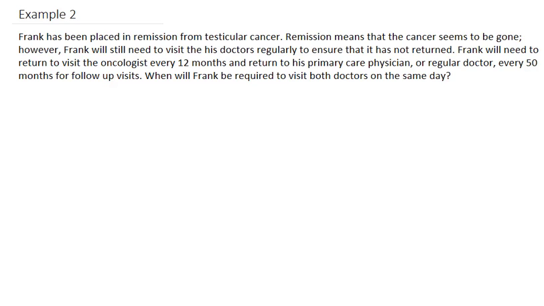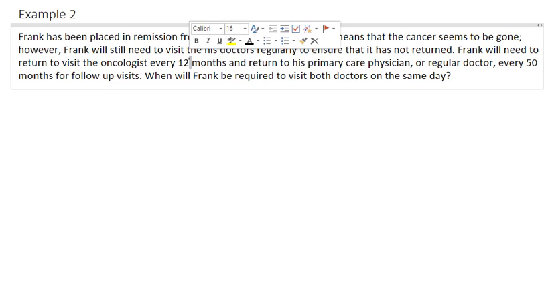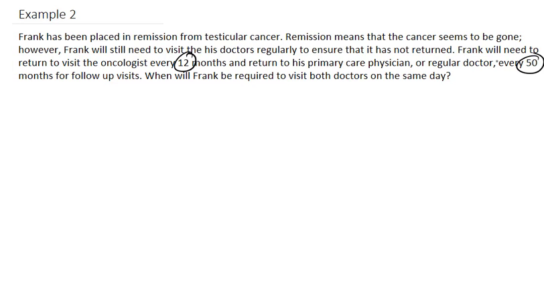So for this problem, we're going to find the prime factorization of each of these two numbers. So 12 can be broken down into, we can divide it by 2, which is equal to 2 and 6. And then 6 can be broken down into 2 and 3.